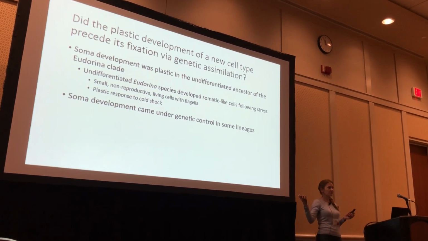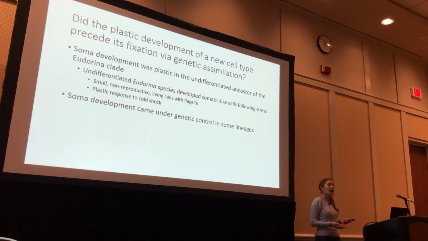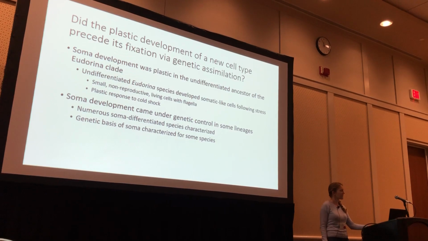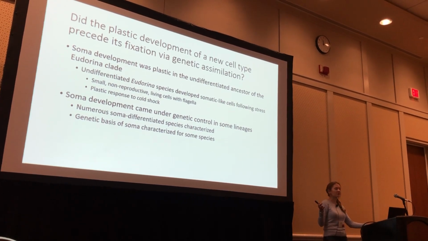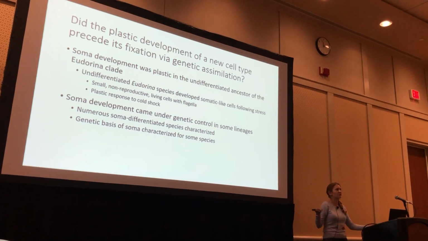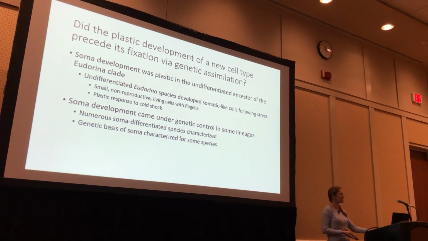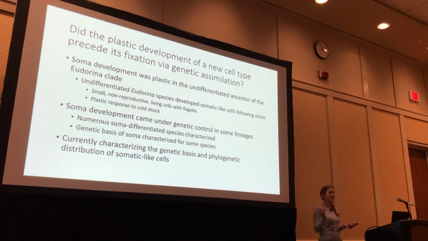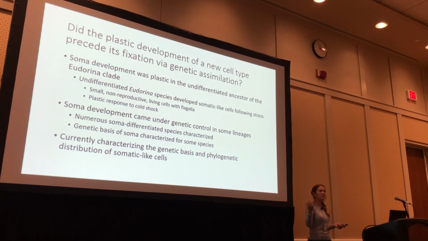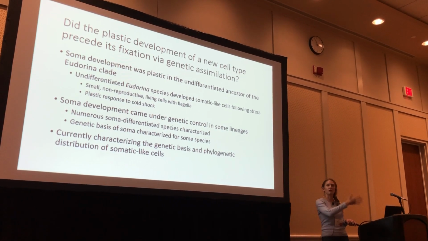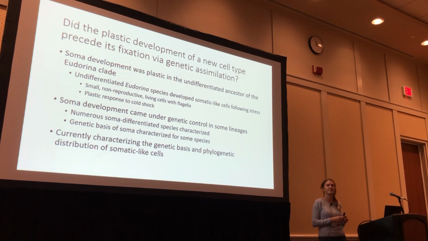I also showed you that somatic cell development is under genetic control in some of these lineages. Numerous soma-differentiated species have been characterized in this clade, and the genetic basis of soma has even been characterized for this lineage. So I'm currently looking at the genetic basis of somatic-like cells. I'm also examining the phylogenetic distribution of this phenotype, looking across the volvocine algae phylogeny.